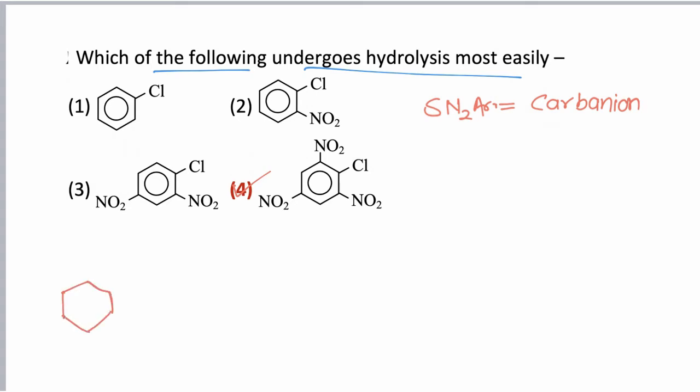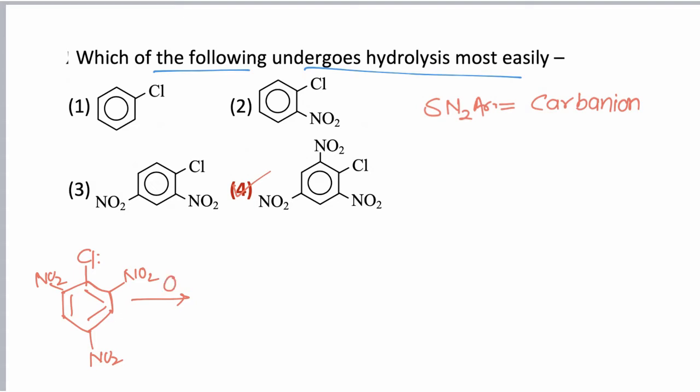Now we check the mechanism of the reaction. Cl is directly attached to the benzene ring, so it cannot be removed via the SN1 or SN2 process. If electron withdrawing groups are arranged at the ortho and para positions, the reaction can take place easily.